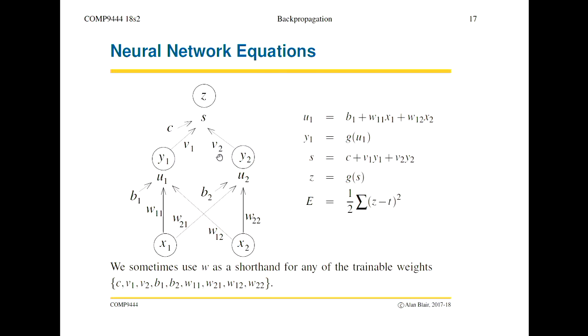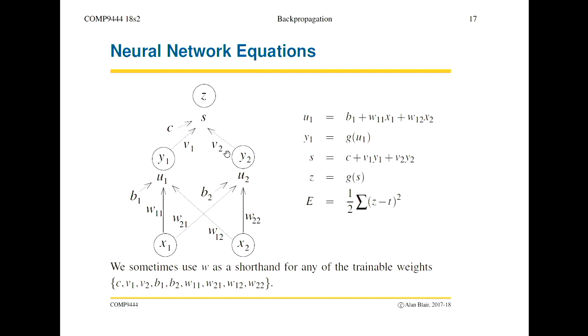And then we do a linear combination here. S is equal to C plus V1 Y1 plus V2 Y2, and Z, the actual output, is the transfer function of S. Often these two are the same, but these transfer functions could be different.